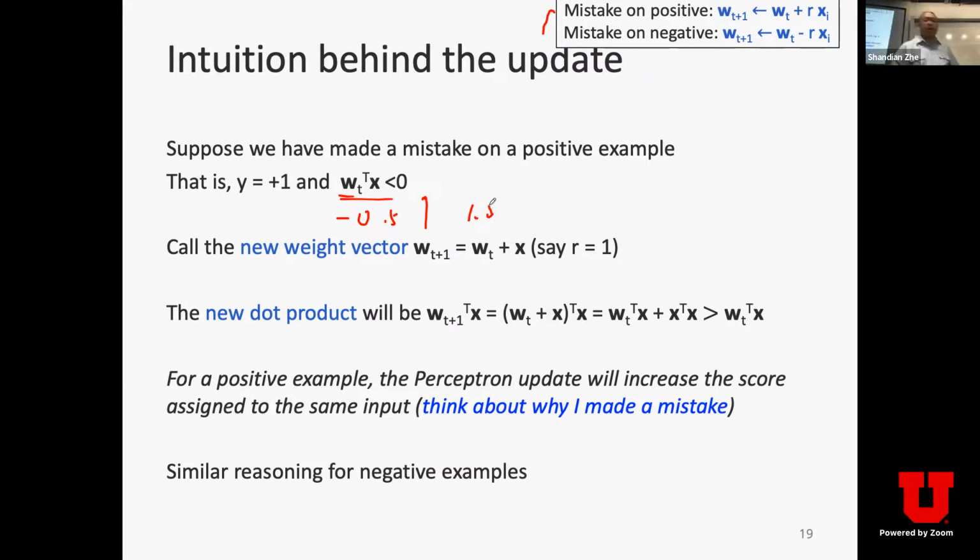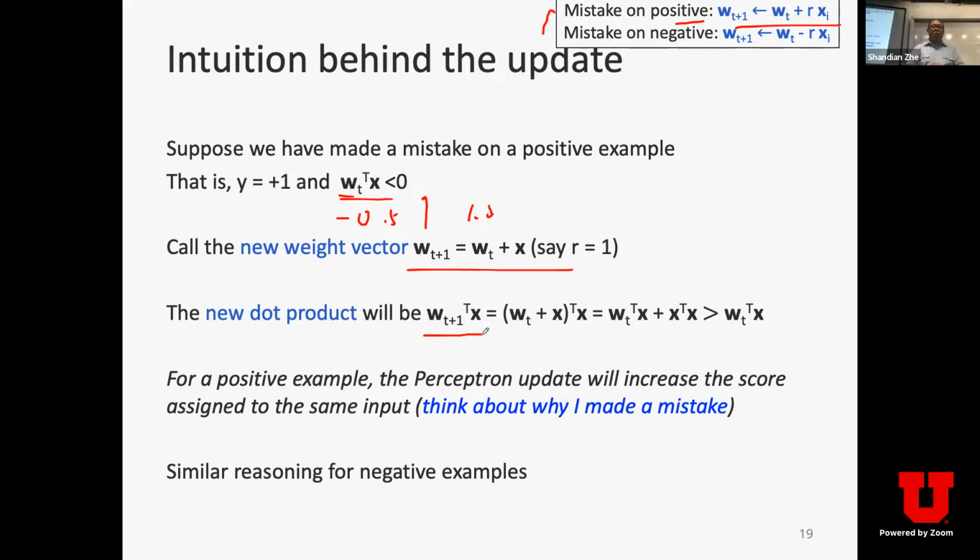Now let us check if our perceptron update is doing the right thing. When we make a mistake on the positive example, our new weight vector will be w_t plus x, and here we assume the learning rate is just 1. Let's check with the newly updated weight vector how the classification score changes.